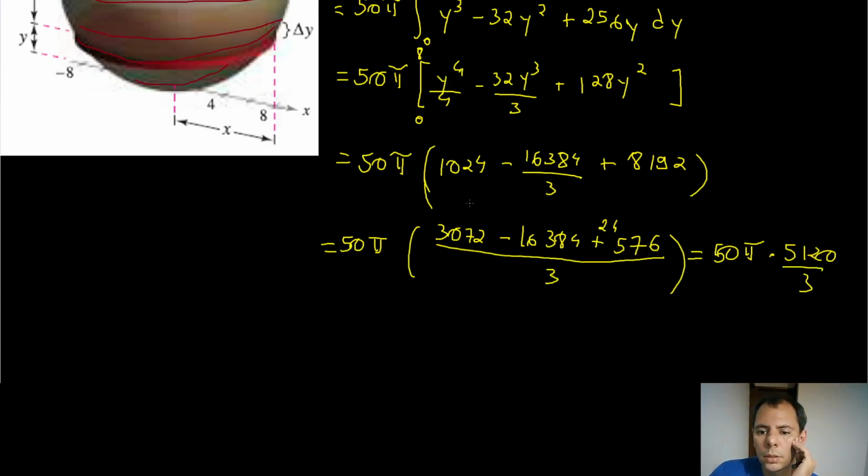2 to the 10th, 1024 minus 32y cubed divided by 3 plus 1000. Let's see here. 64 times 128. Yeah, that's right. And now have 64 times 8 times 32.